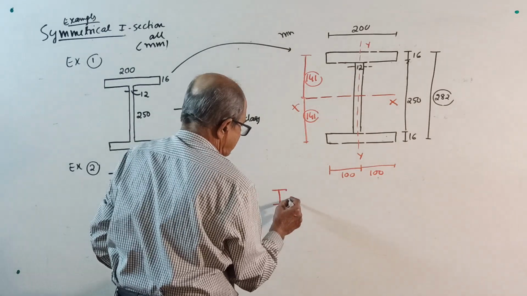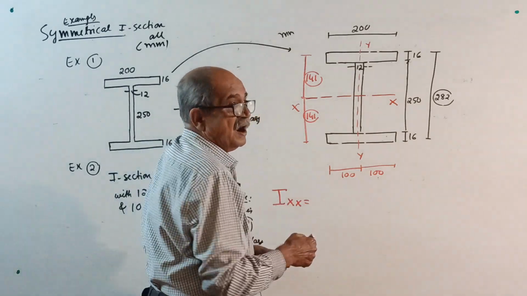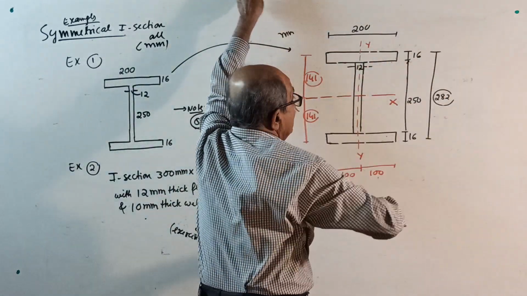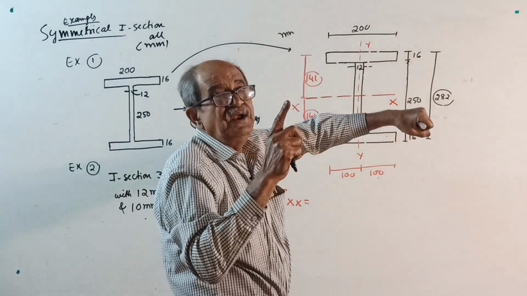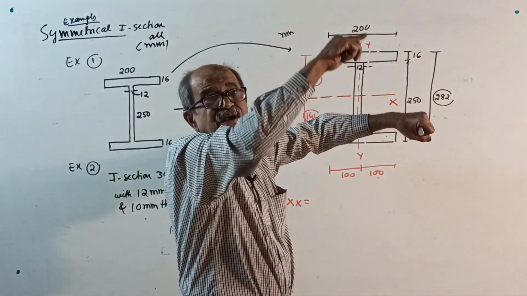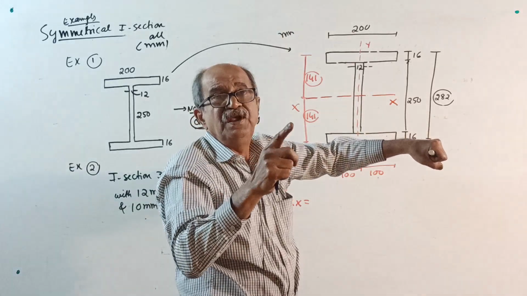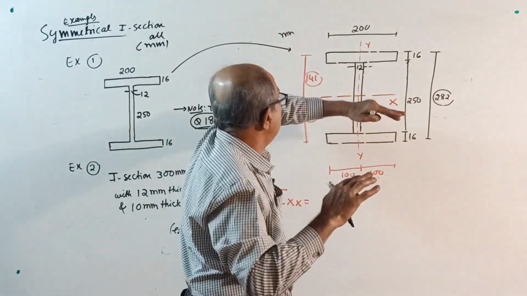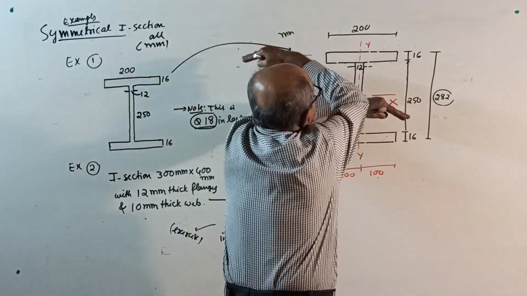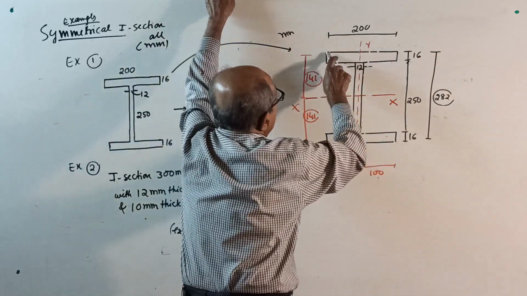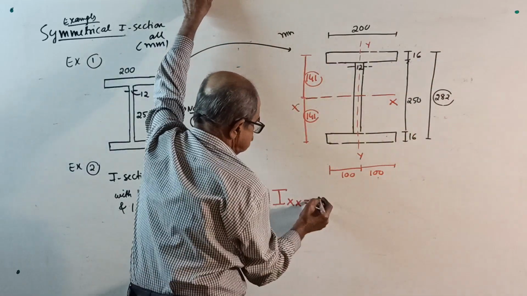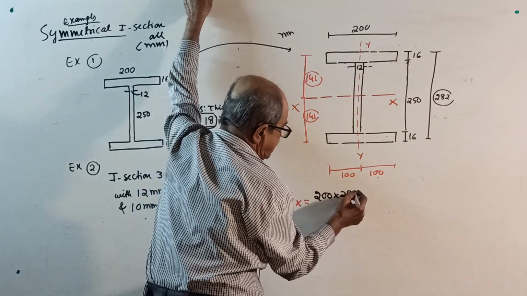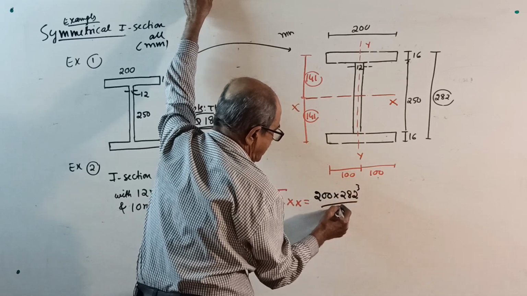I about xx. First, the full rectangle. For xx, I always tell you the parallel side first, and the cube is always for the perpendicular side. I have told this thousands of times. For xx, full rectangle, 200 by 282 cube divided by 12.